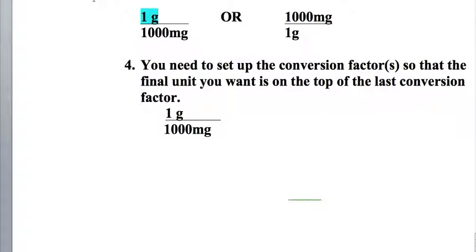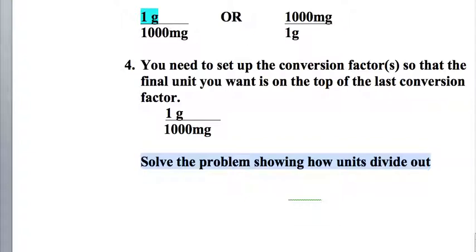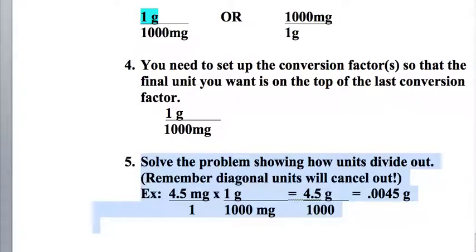The next thing we need to do is just solve. Finish setting up our problem and solve, showing how the units divide out. If you are not familiar with fractions, remember in fractions you have the top line multiplied by the top line and the bottom line multiplied by the bottom line.